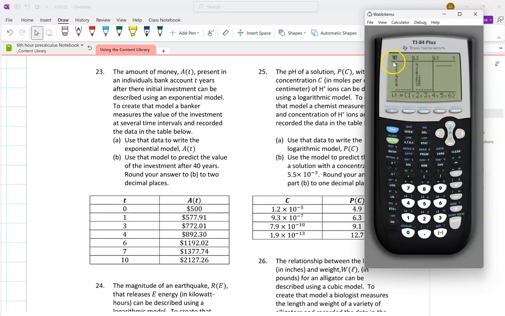So move your cursor up onto the title, press clear and then down, and now we're ready to just enter in our data. 1, 3, 4, 6, 7, 10. And then 500, 577.